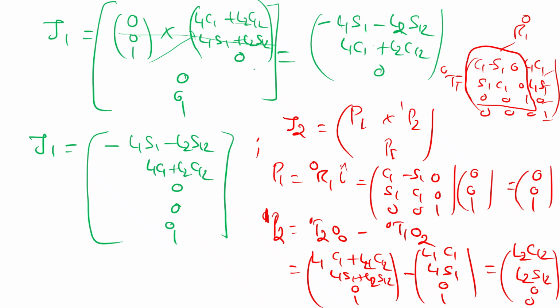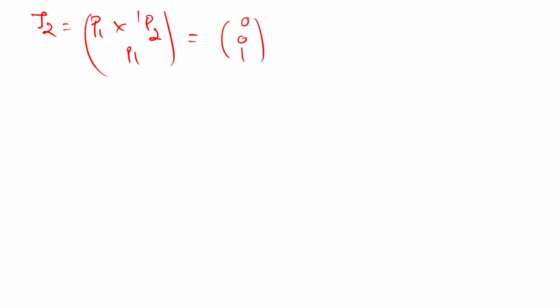Now I have to do the cross multiplication. So what is J2? J2 is P1 cross P21, and P1. We have derived P1 as 0 0 1, then cross product with L2 C12, L2 S12 and 0.